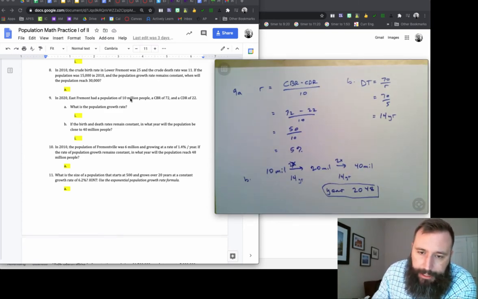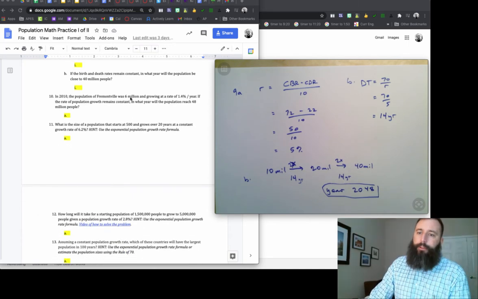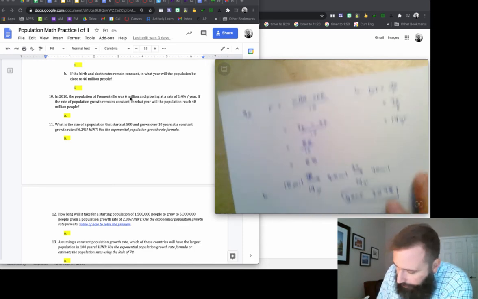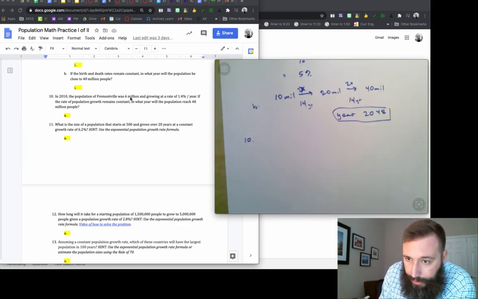How's about 10? In 2010, the population of Fremontville was 6 million and growing at a rate of 1.4% per year. If the rate of population growth remains constant, in what year will the population reach 48 million? Another question, another doubling time question in disguise. So, right, think about it.